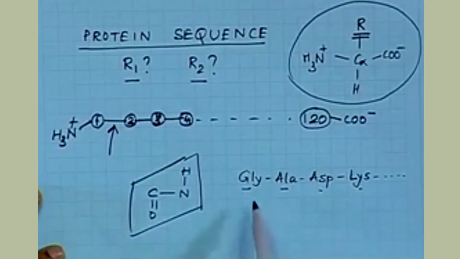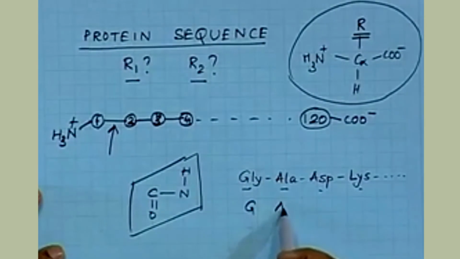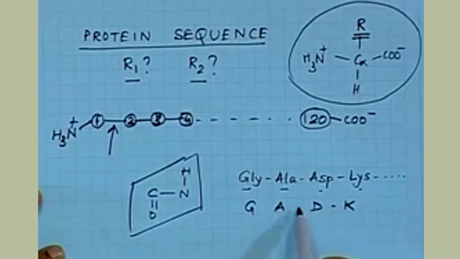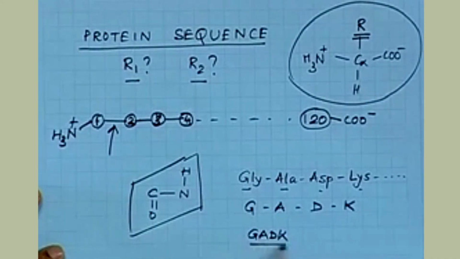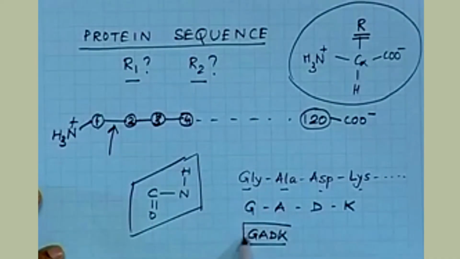If I write this in a 1-letter code, it would be G, A, D, K. So, if I just wrote G, A, D, K, you could write the structure of this tetrapeptide.